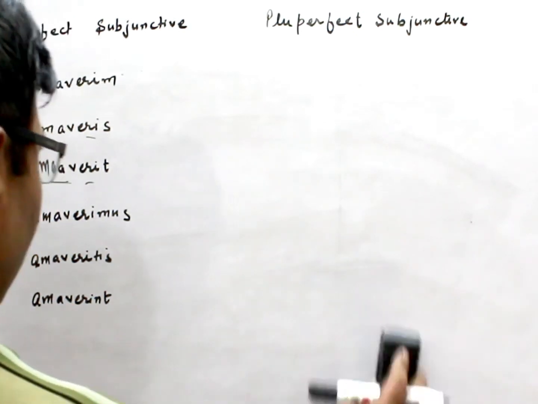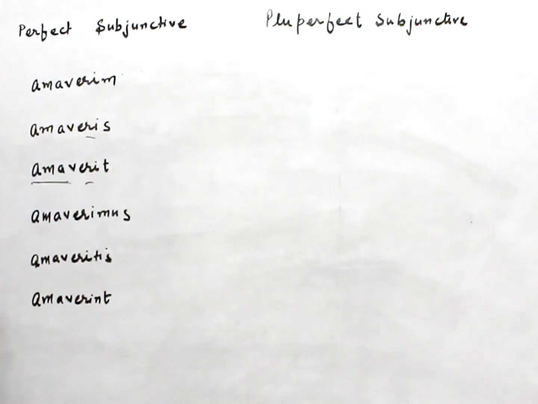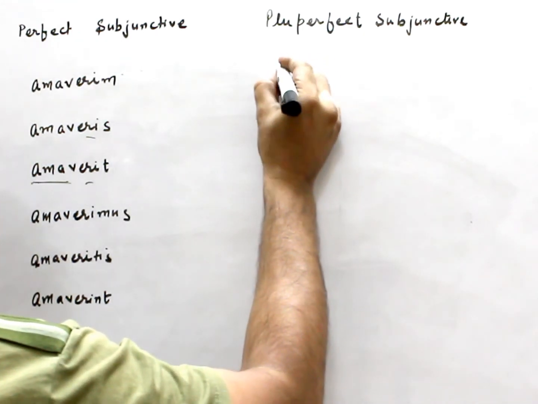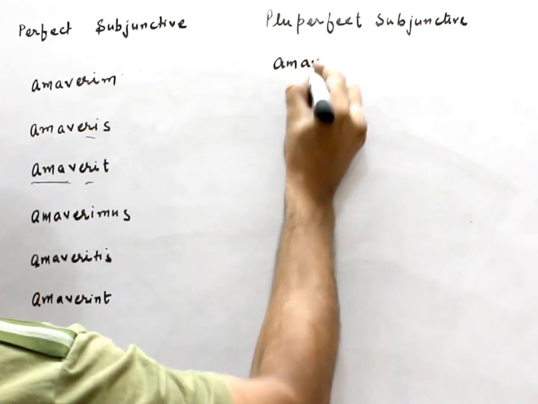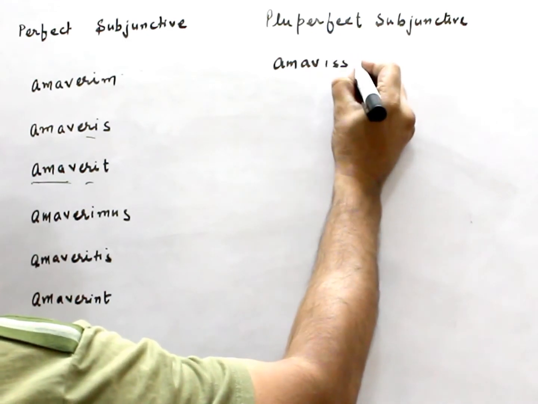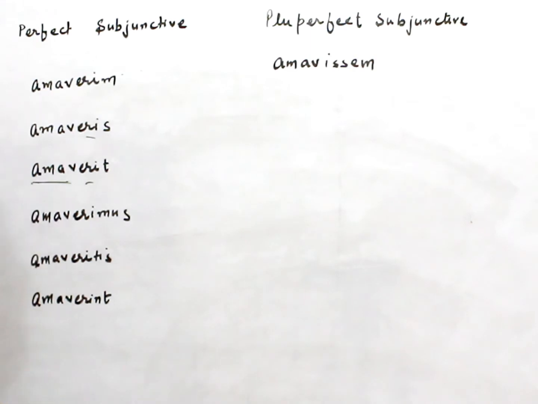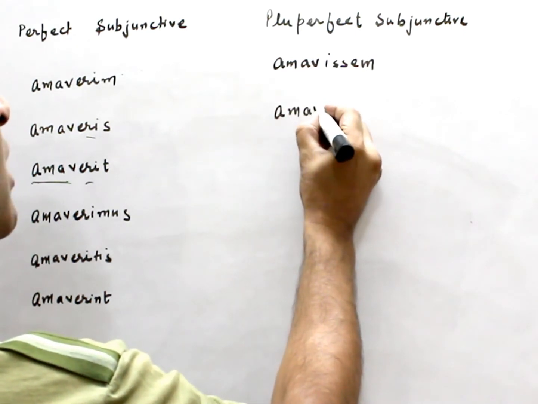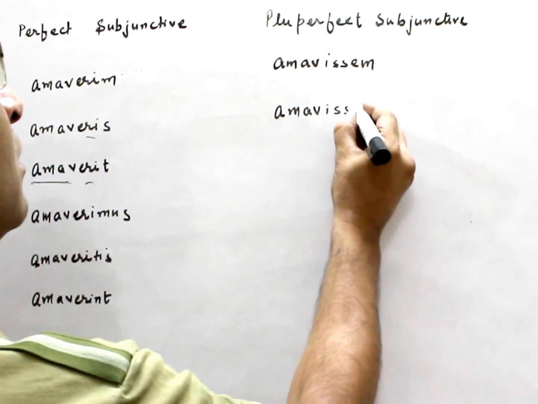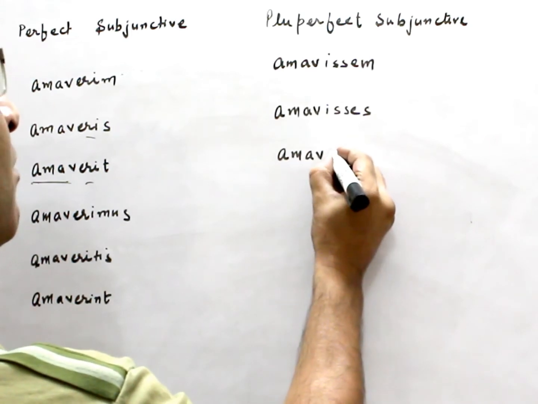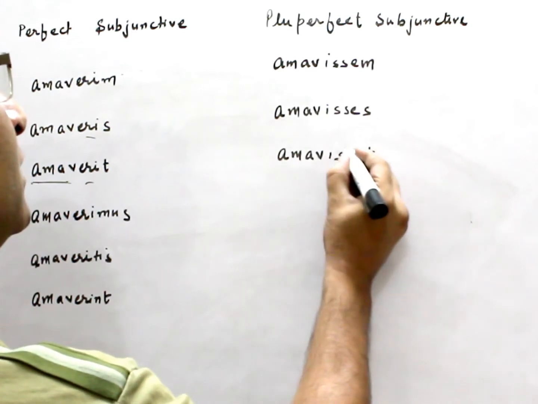Now anyway, we are doing the pluperfect. So the base will be the same. Amav, this is the perfect tense, and here added is -issem. Now similarly for you it becomes amavisses, and for the third person amavisset.